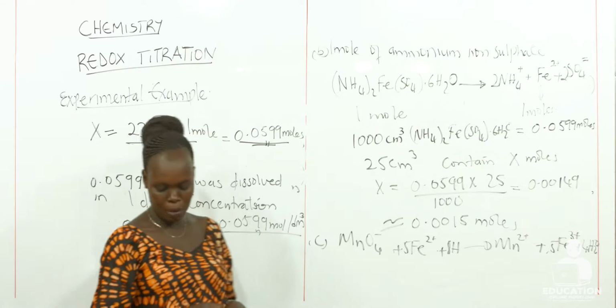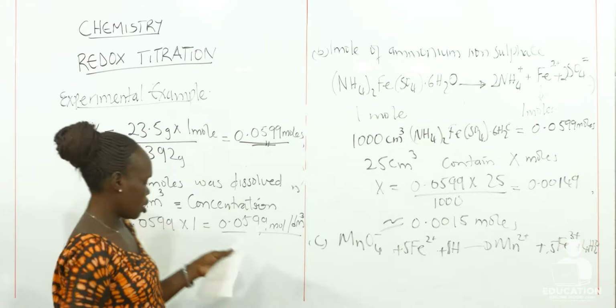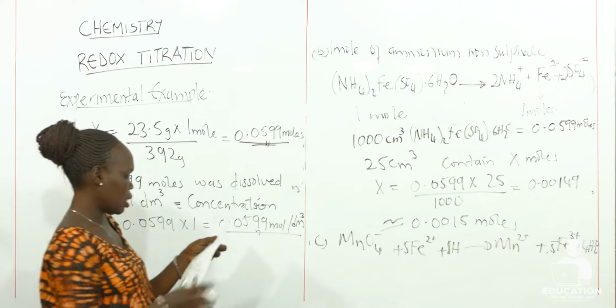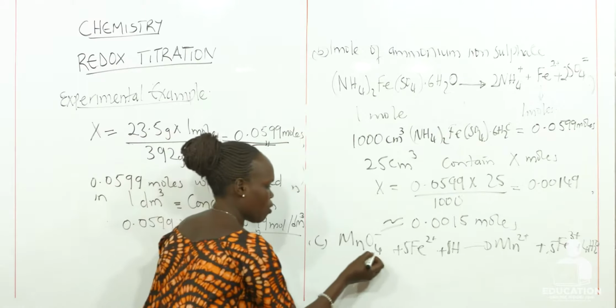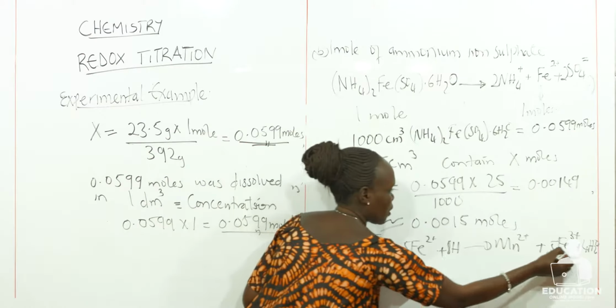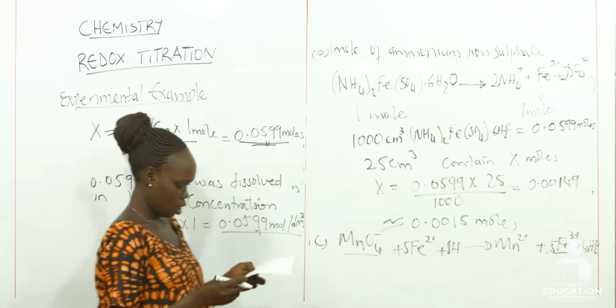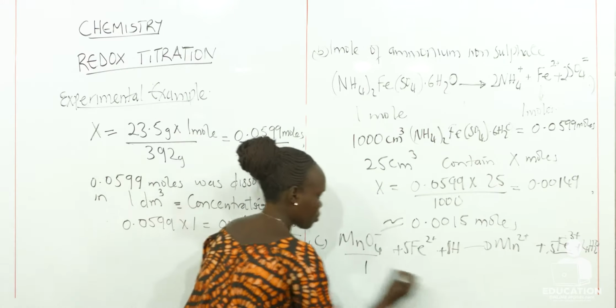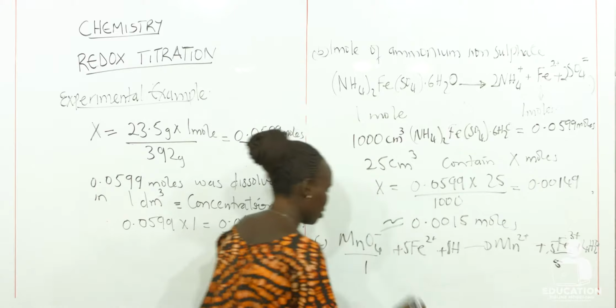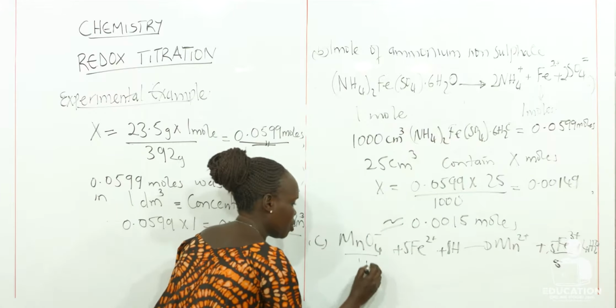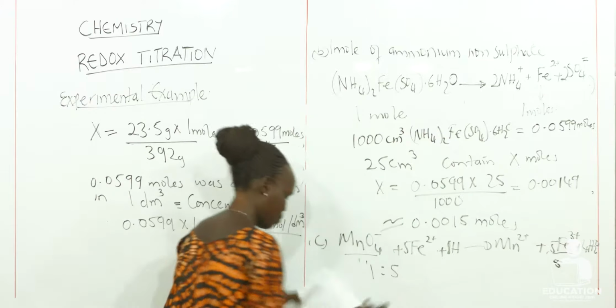So we need to get the number of moles here. So the mole ratio of permanganate to iron(II) is going to be 1 to 5.